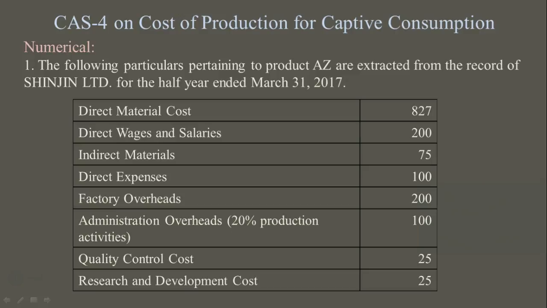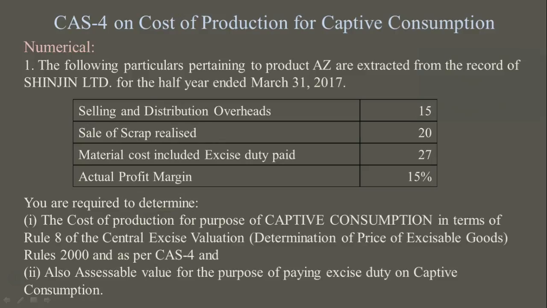We have direct material cost 827, direct wages and salaries 200, indirect material 75, direct expenses 100, factory overheads 200, administration overheads of 20% of production activities, quality control cost 25, and research and development cost 25. Then we have selling and distribution overheads of 15, sale of scrap realized 20 rupees, material cost included excise duty of 27 rupees, and actual profit margin is 15%.